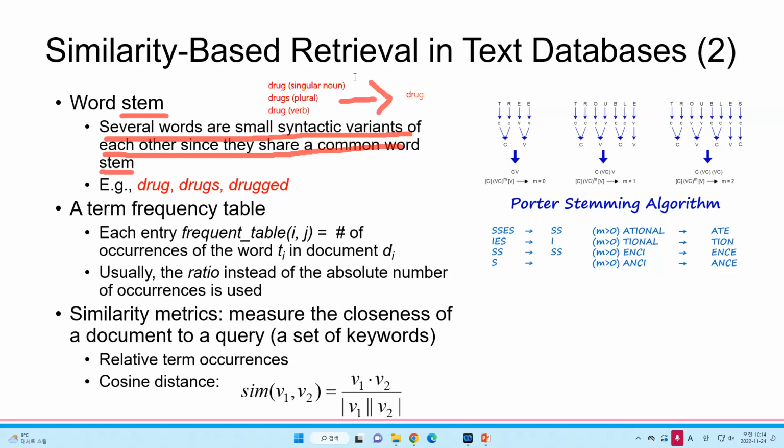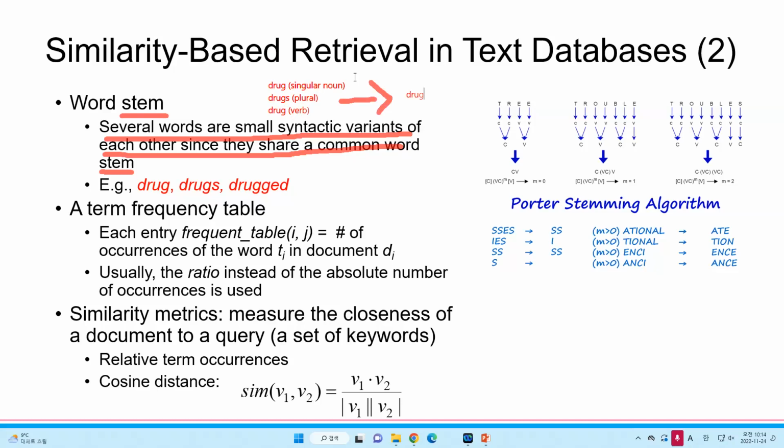So this is the original word. Something like in Korean, you have mokta. Mokta is the original word. Mogoso, and then you will have mogoyu.